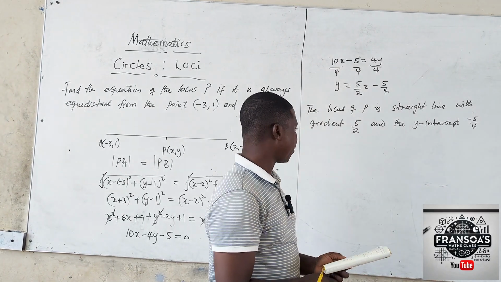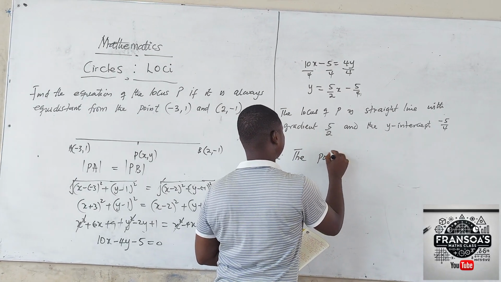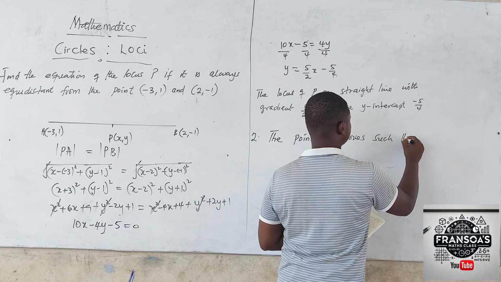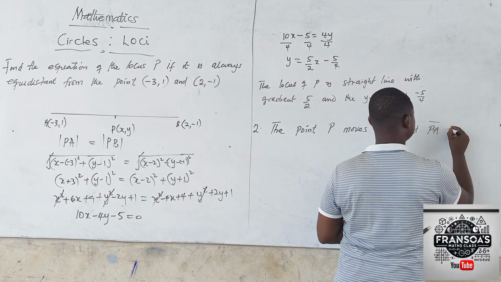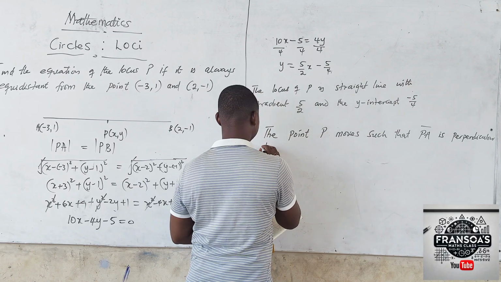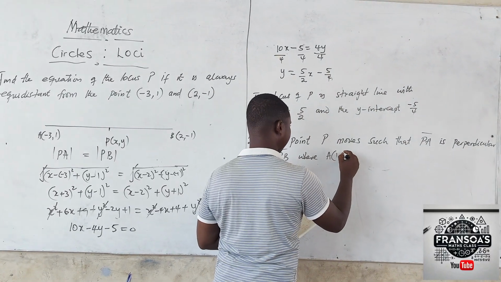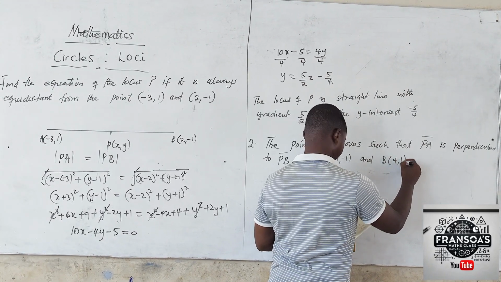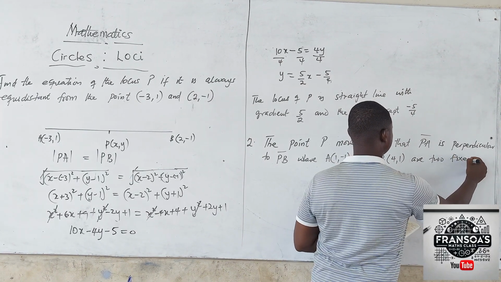This time our question is, the point P moves such that PA is perpendicular to PB, where A is 1, negative 1, and B is 4, 1 are two fixed points.